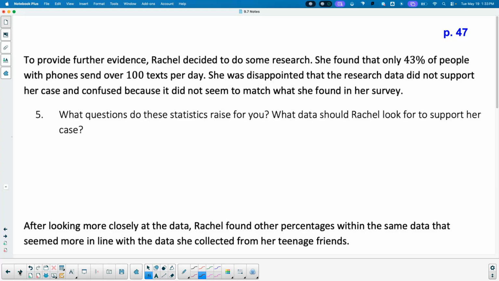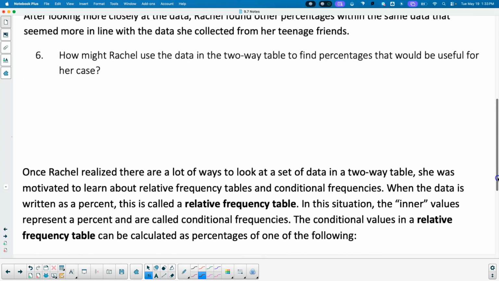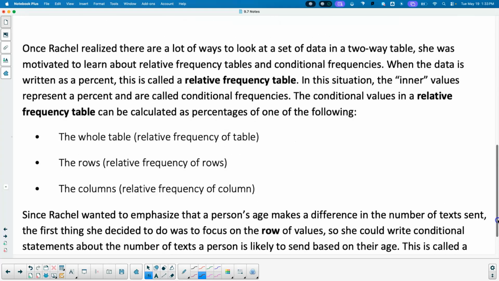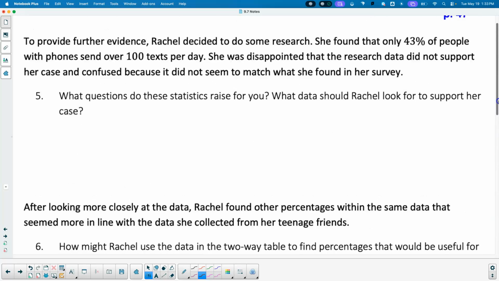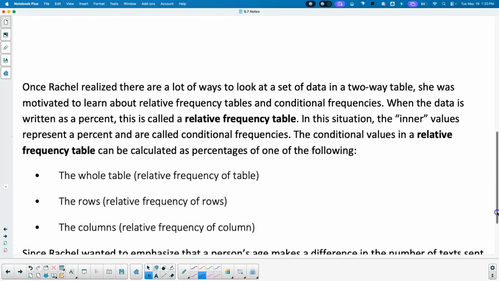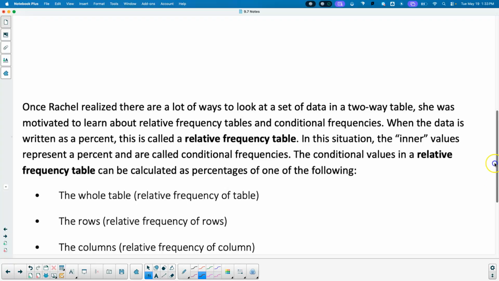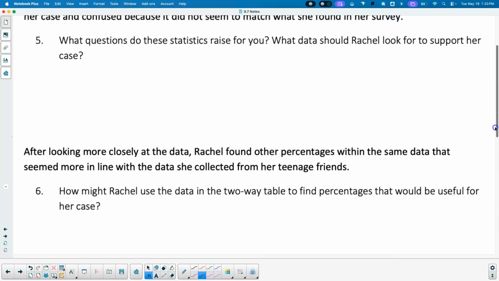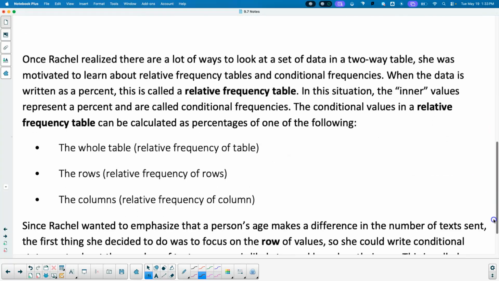All right, I want to get to a frequency table. Where is my frequency table? There it is. Okay. So here on page 47, this is good video right now. Whoever's watching the video is going to get dizzy. Okay?